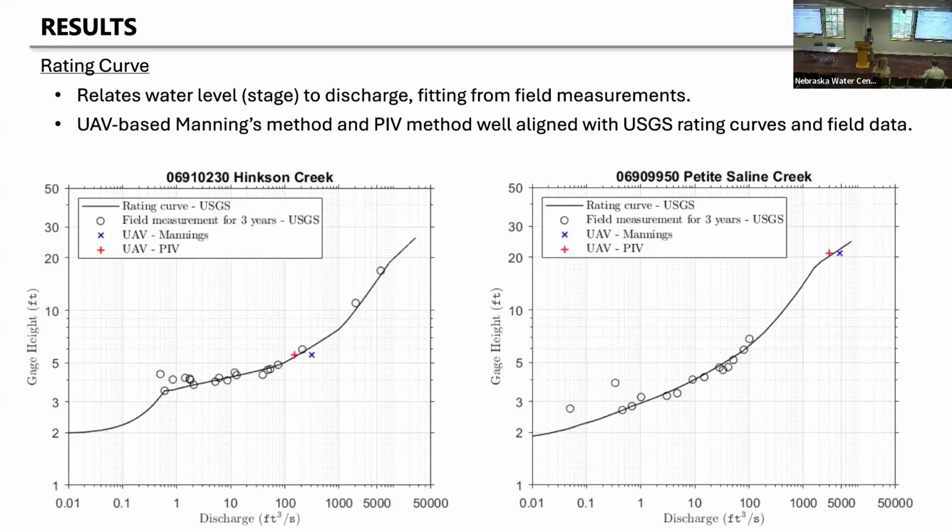In Hinson Gray, you can see this one right here is quite a decent high flow. And in Petasarin Creek, this one right here is quite a bit higher than the field measured data. You can also see that those data fit quite well with the rating curve which the USGS provided on their website.